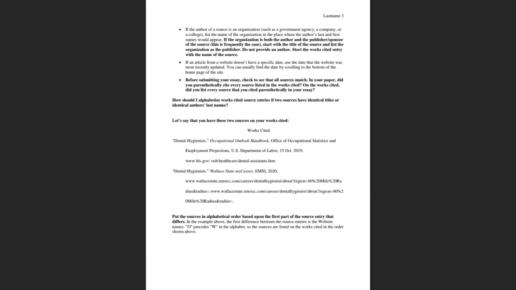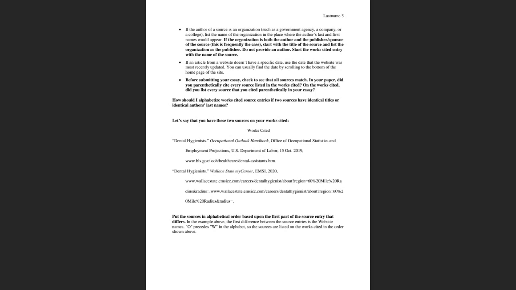That tells me that you used a source and didn't give proper credit for it, because you have to have both the works cited listing and the parenthetical citations in order to give proper credit. If you're missing one of those things, then you have a significant error that's going to be detrimental to your grade.